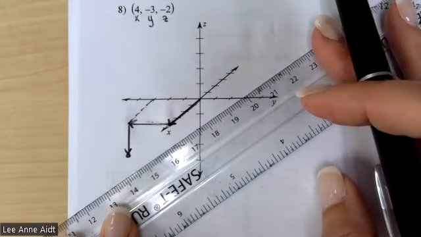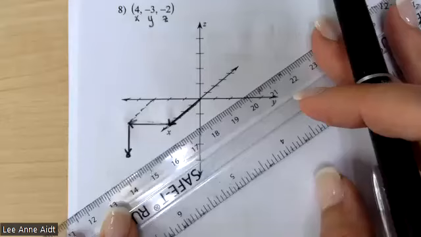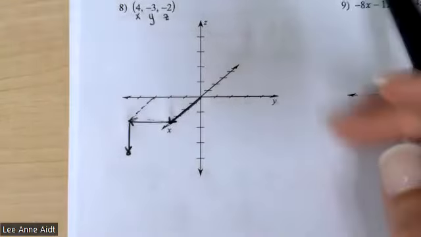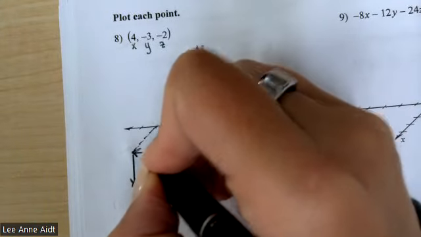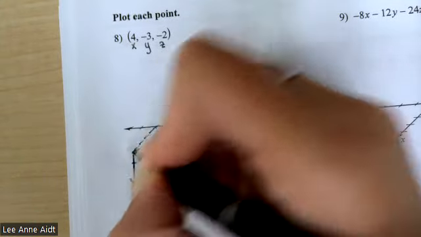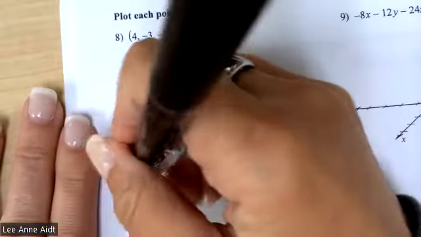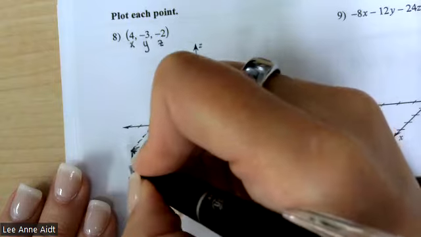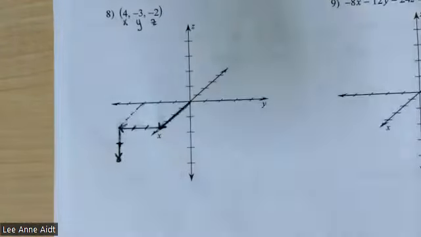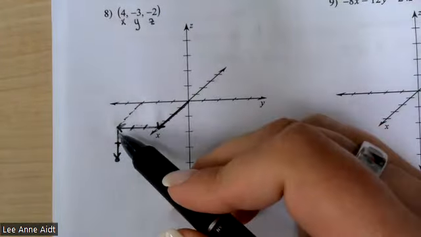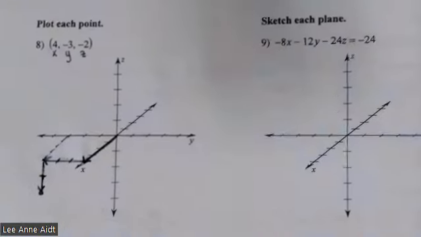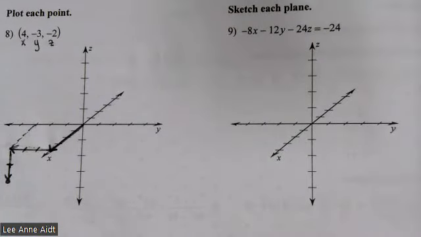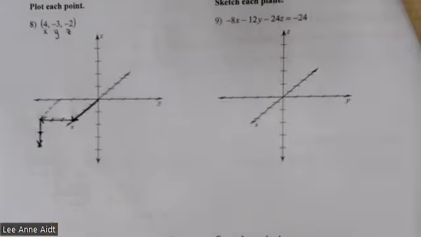I guess I probably didn't go far enough, huh? It's good. Four, -3, -2. Whew. All right. Why is plotting the coordinates so much harder than plotting the plane?